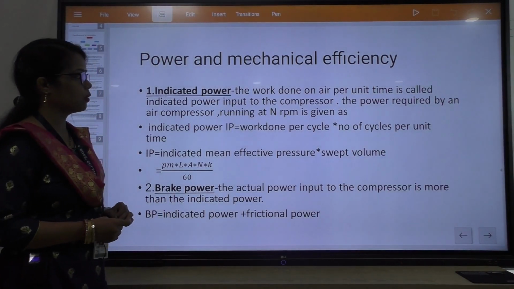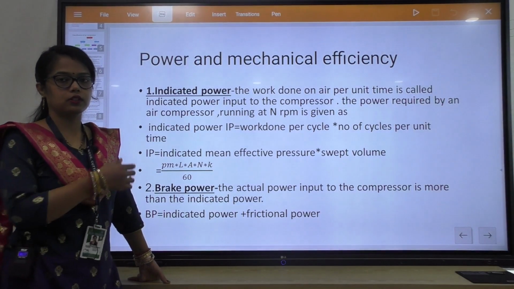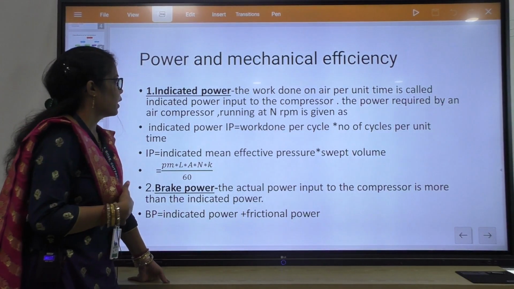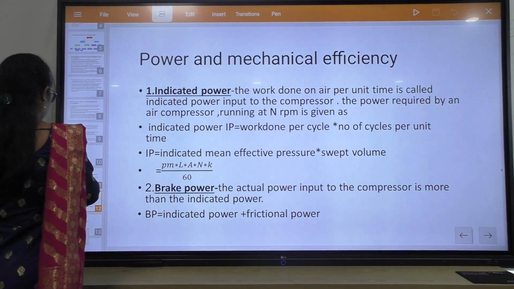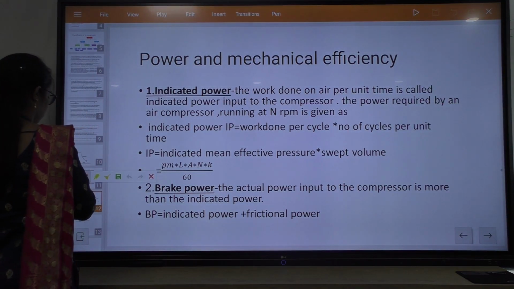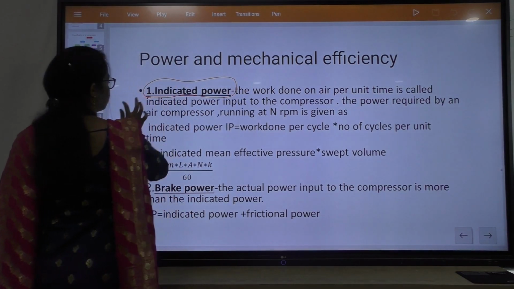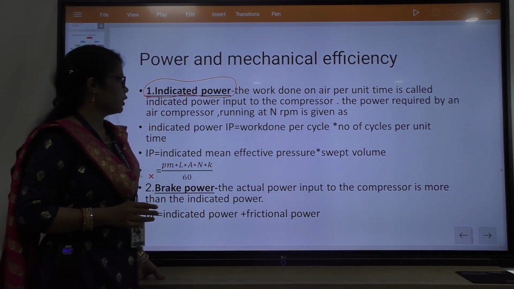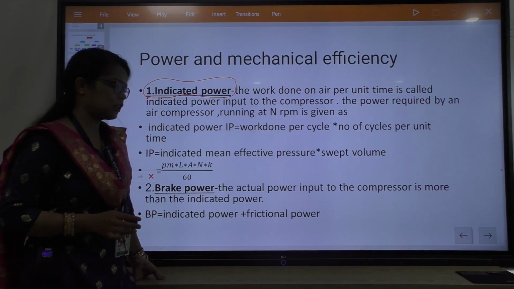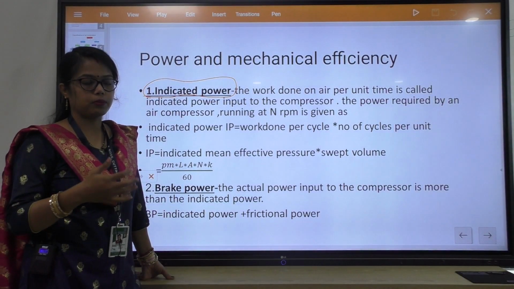What are the different powers associated with this air compressor and what is the efficiency. Okay. And first one is indicated power. In the first class I was telling you about the indicated power and brake power. What is the indicated power and brake power?